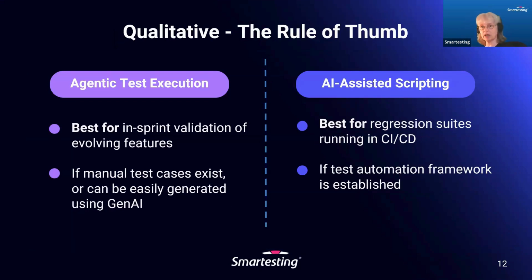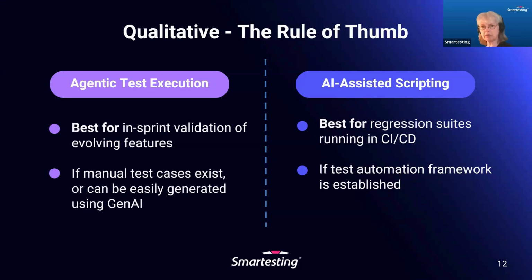That's a precondition. If you don't have a test automation framework already established, then of course you should look at agentic test execution, because you are dealing with manual test cases all the time, and if you already have them, or can easily generate them using Gen AI, then you can use the AI agent to execute them.